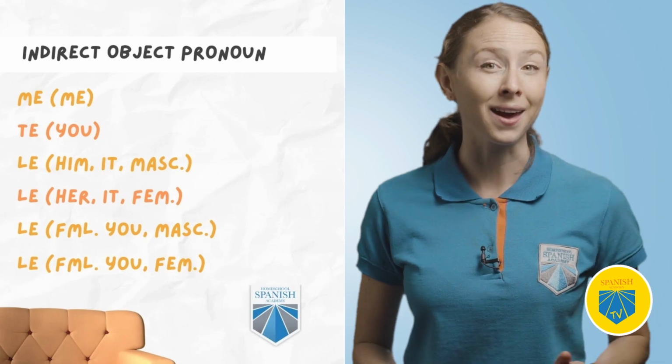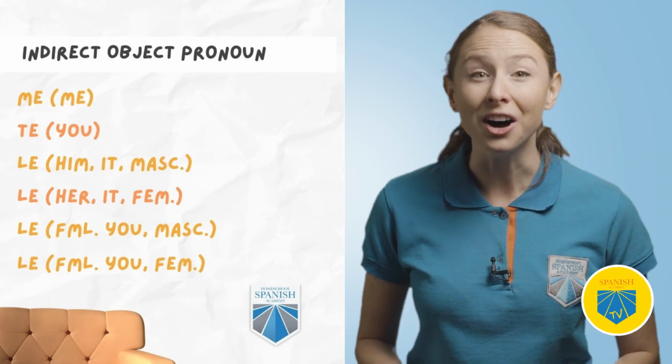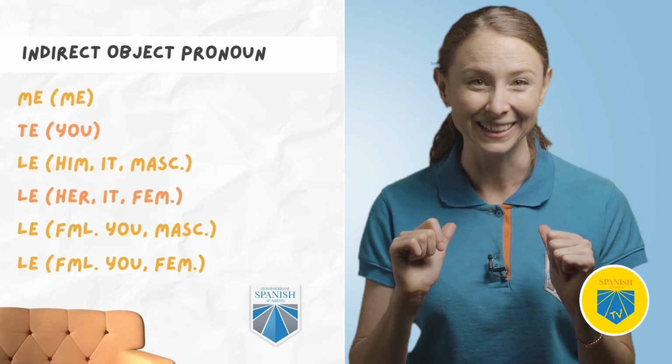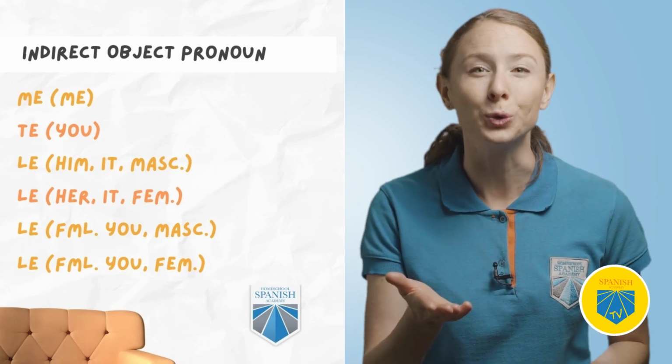To better understand these pronouns, it helps to learn that they also exist in English. Take a look at the following image to see them more clearly. The Spanish me is the equivalent of the English me. Te is you.